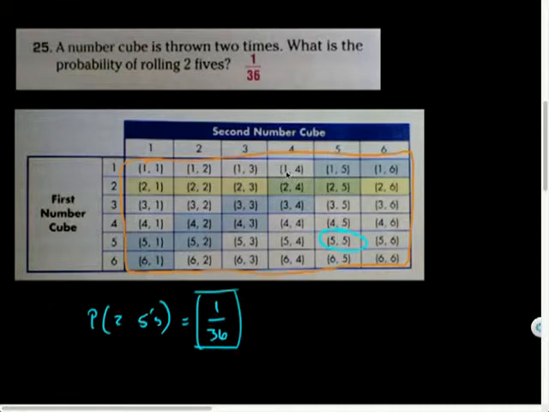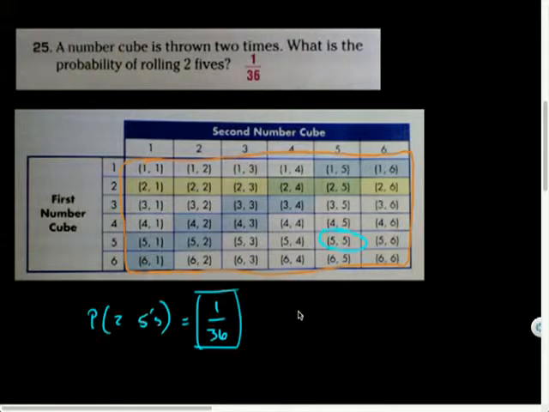Using a sample space like this of all possible outcomes is often helpful for us, just like the question we just looked at about vans and cars and trucks and colors. Same idea. You're able to figure out the possible outcomes and get a handle on the probability a little bit easier.